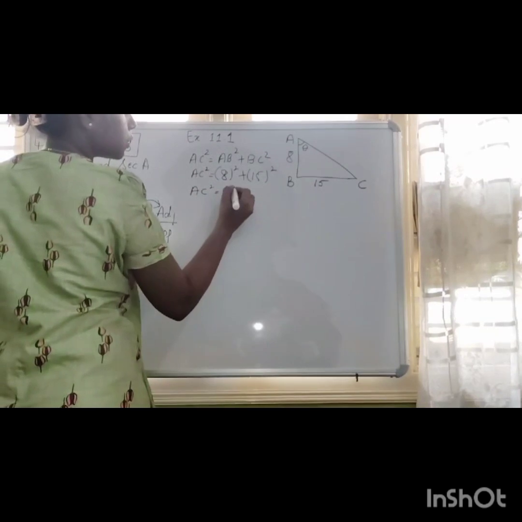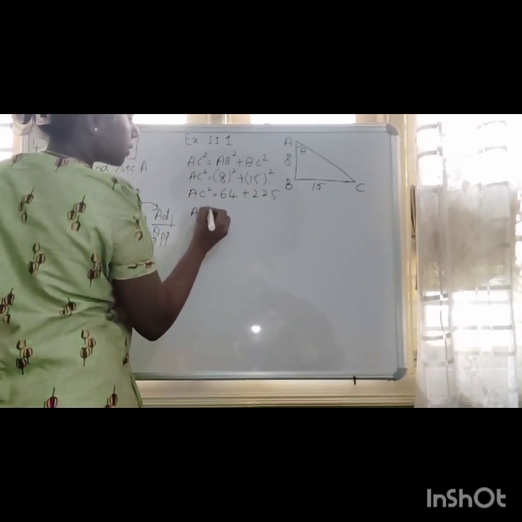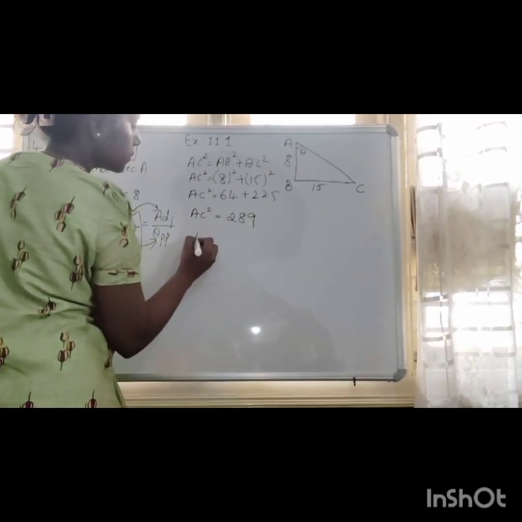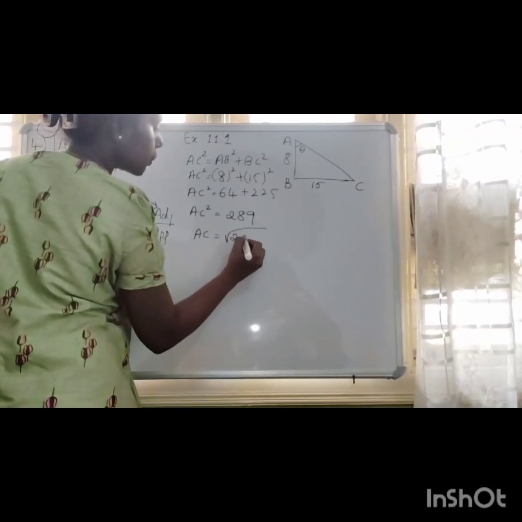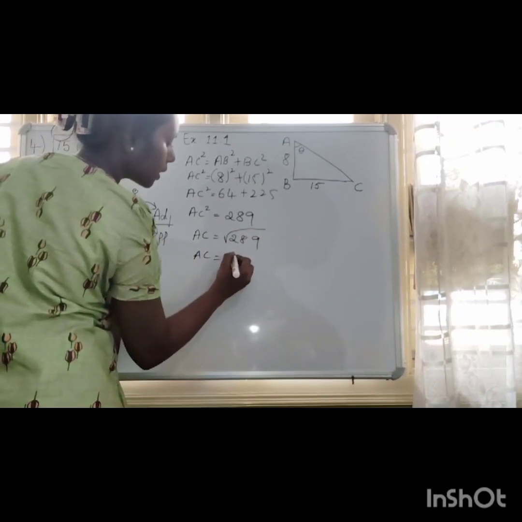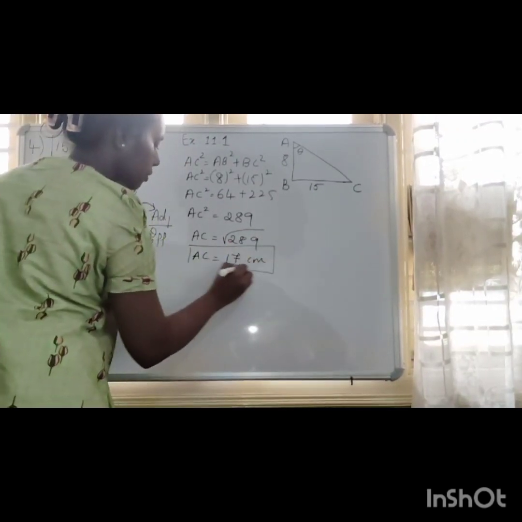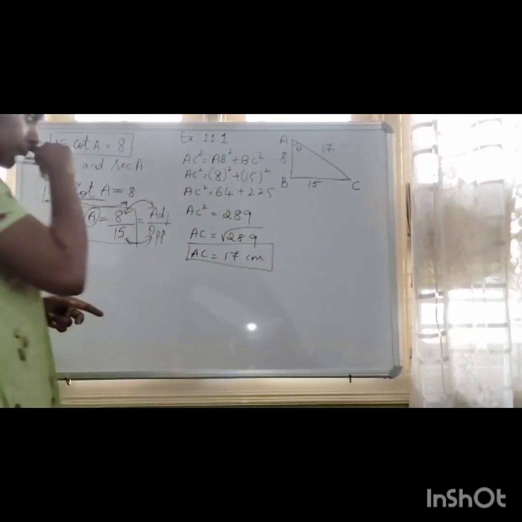AC square is equal to 64 plus 225, 289. So AC will be equal to square root of 289. So AC value will be 17 centimeter. So we have got AC value as 17 centimeter.